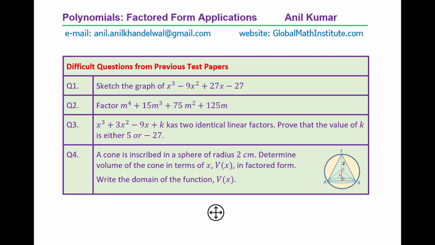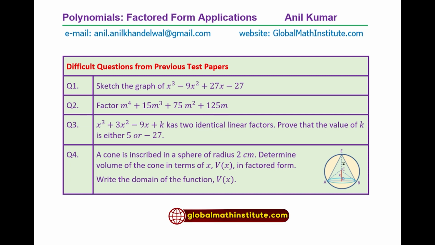Here are the 4 test questions for you. These are from previous test papers. Question number 1. Sketch the graph of x cubed minus 9x squared plus 27x minus 27. Question number 2. Factor m to the power of 4 plus 15m cubed plus 75m squared plus 125m.